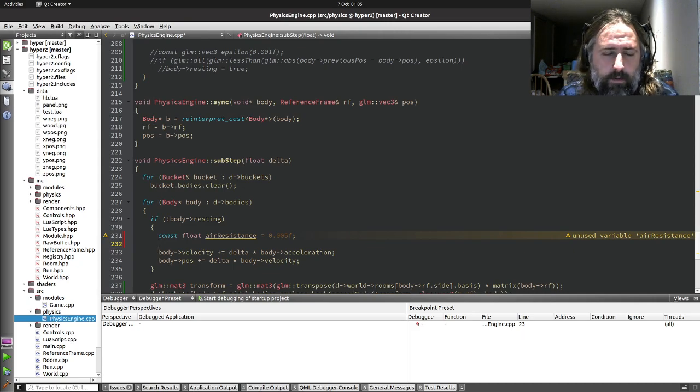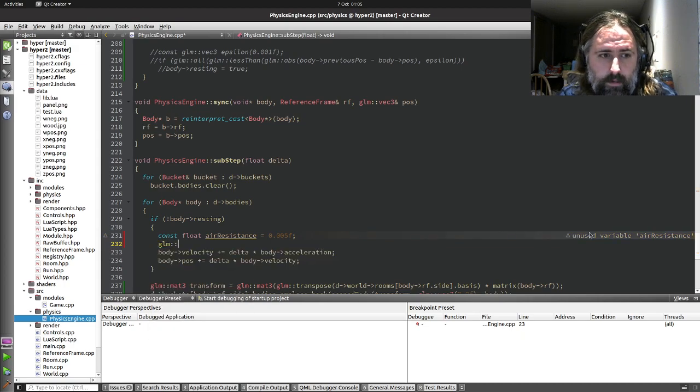I doubted myself, and it cost me valuable seconds. So this is a force acting in the opposite direction from your velocity, proportional to your velocity. The higher your velocity, the more air resistance you have.